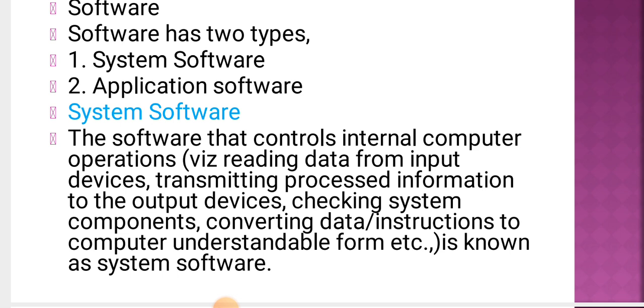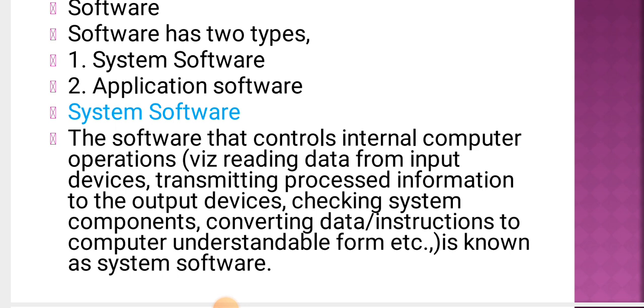Actually, what this system software is doing means it is controlling the internal operation. So what are the internal operations we are doing? We are reading the data from the input device and transmitting data. Once we get the input, we do the processing and we get the output, and that information we send to the output devices.